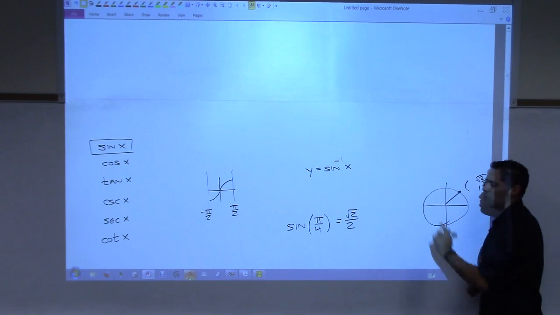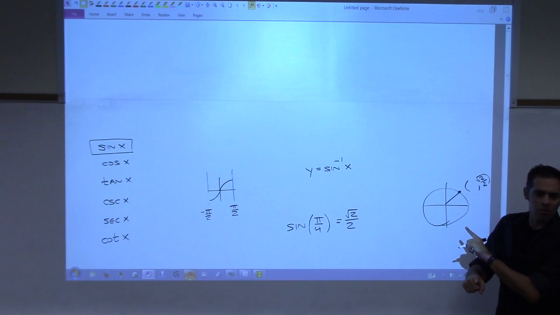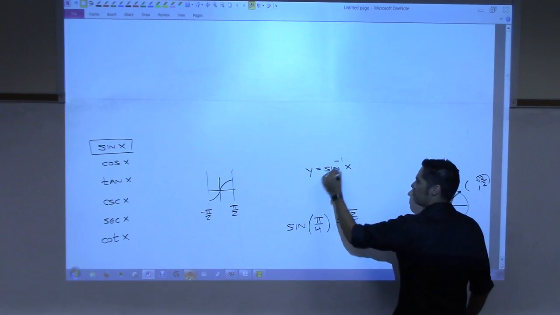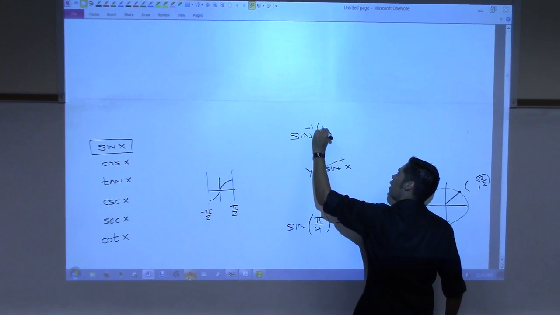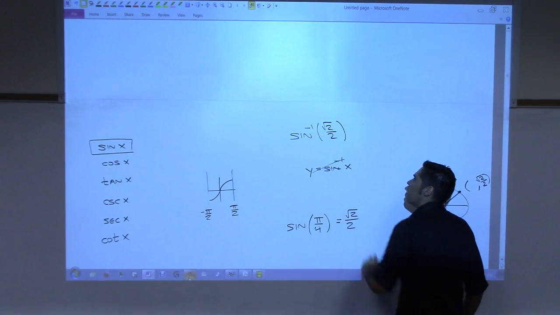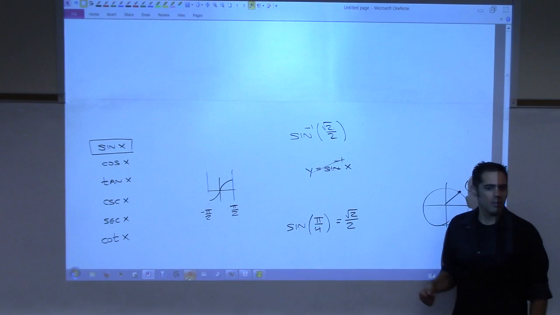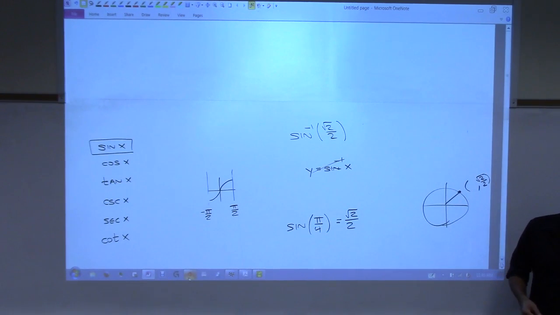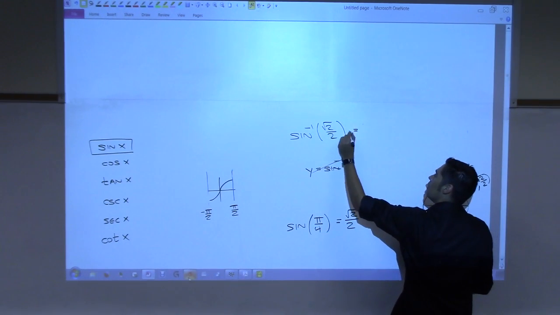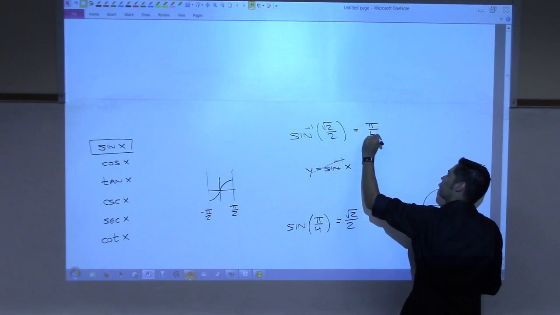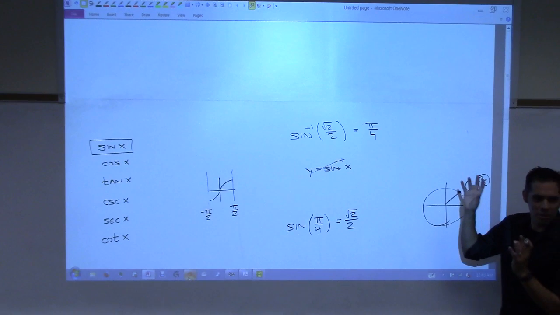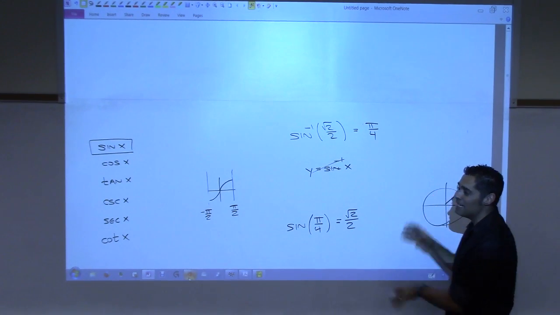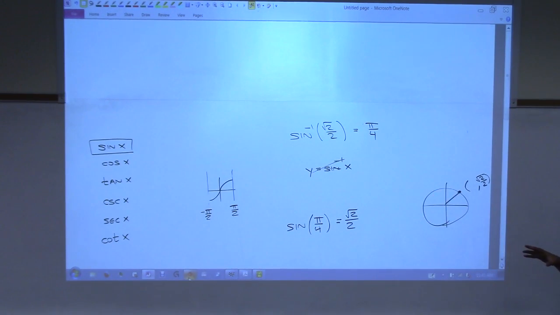The arc sine function works backwards. So if I say what's arc sine of √2/2, that takes you back to the angle that created that √2/2. So this would be π/4. Understand? I'm not here to teach you this. This you should have already been taught, but I'm reminding you of what it was, all right?